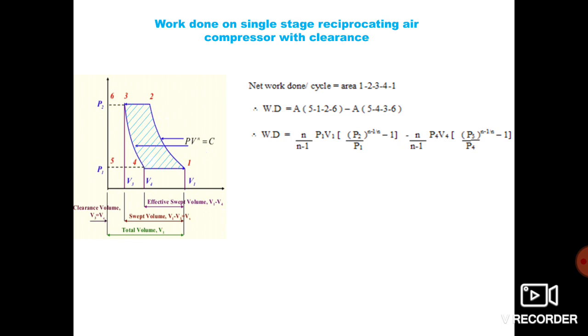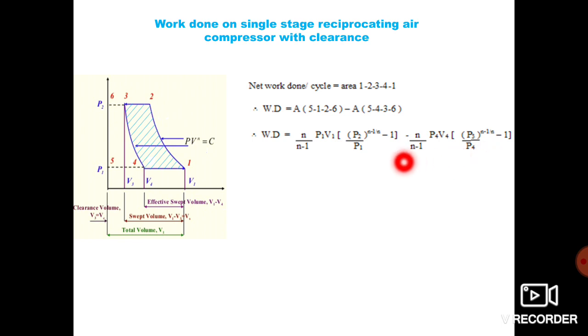Now from the equation of work done without clearance, just now we have derived that work done is equal to n upon n minus 1 P1 V1 in bracket P2 by P1 to the power n minus 1 upon n minus 1. And for finding the second area, we take n upon n minus 1 P4 V4 in bracket P3 by P4 to the power n minus 1 upon n minus 1.